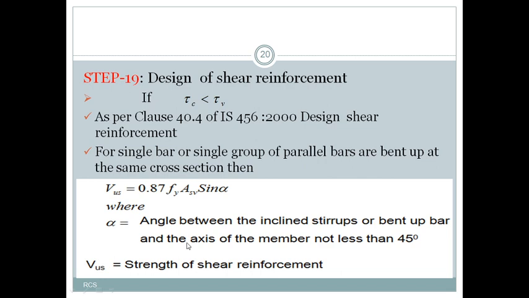Alpha is the angle of bend. Generally we can take it as 45 degrees. You know ASV is the area of a stirrup, and Fy is the yield strength of the steel. This is how we can calculate the strength of shear reinforcement, that is VUS.